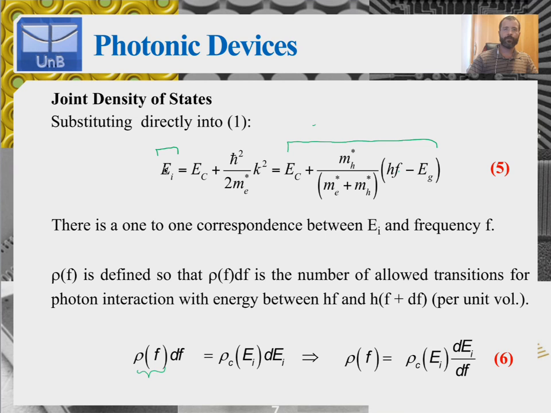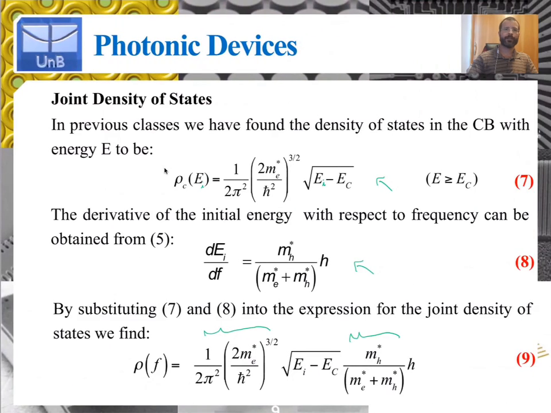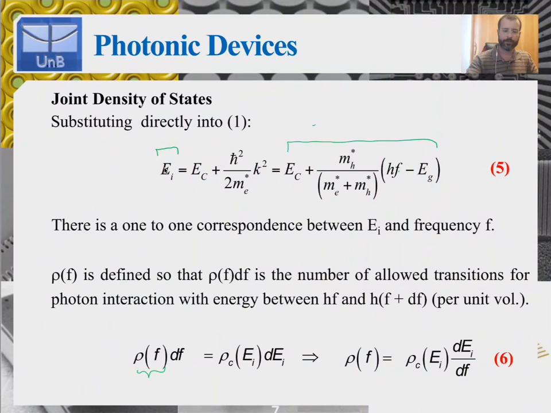Now what we have in the expression for the joint densities of states is actually the square root of E_i minus E_c. So we can take this equality and write that E_i minus E_c, so I'll just pass E_c over to the left side, so E_i minus E_c is equal to m_h* divided by m_e* plus m_h* multiplied by hf minus E_g, right?